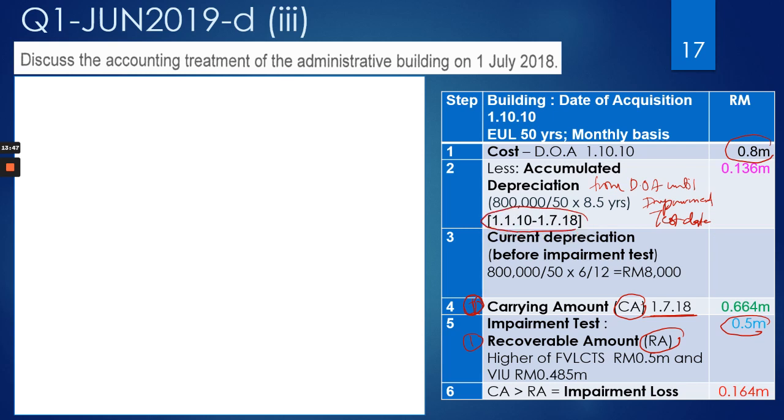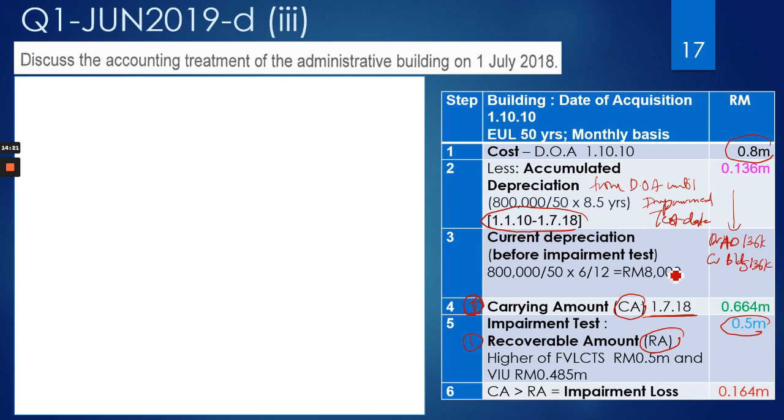So that was for 8.5 years, divided by 50 times 8.5, so 0.136, and this is the one that you need to go and eliminate. Debit accumulated depreciation, I put AD, credit the building. That must be done first, right, before you start doing your exercise of impairment. 136.